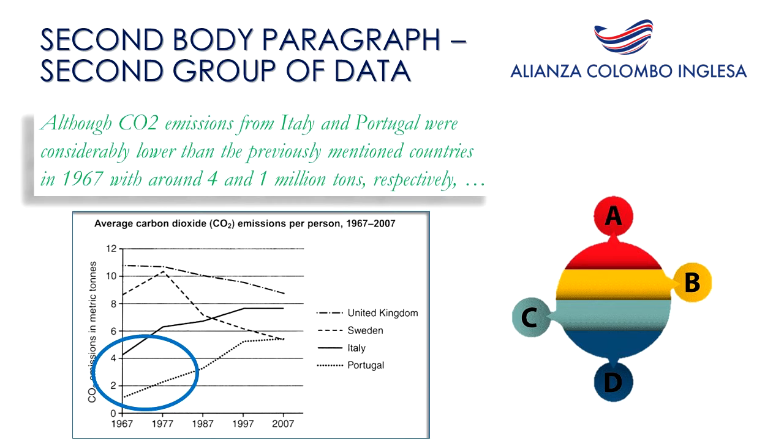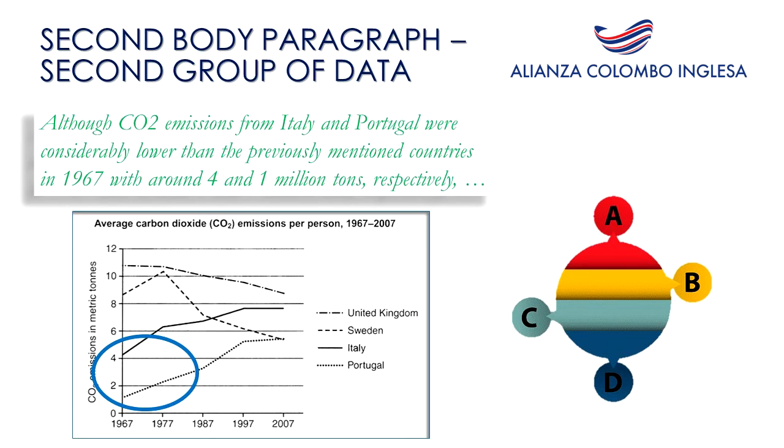Although CO2 emissions from Italy and Portugal were considerably lower than the previously mentioned countries in 1967, with around 4 and 1 million tons respectively. Okay, so in here our sentence is cut in half. So let's focus first on how we are comparing Italy and Portugal with the previously mentioned countries.